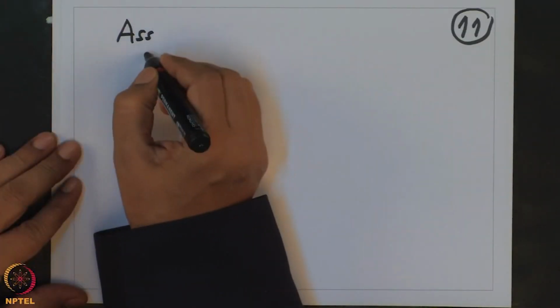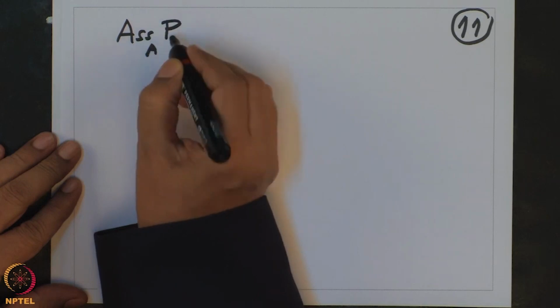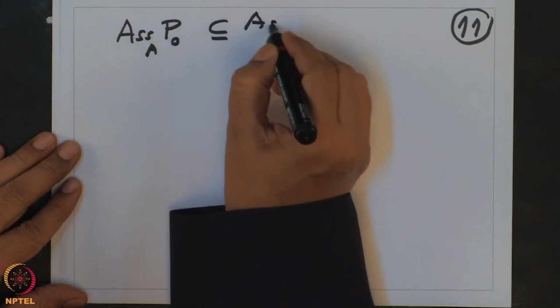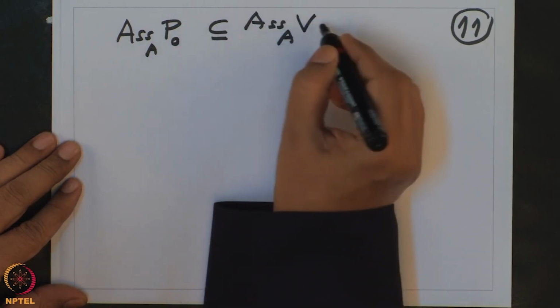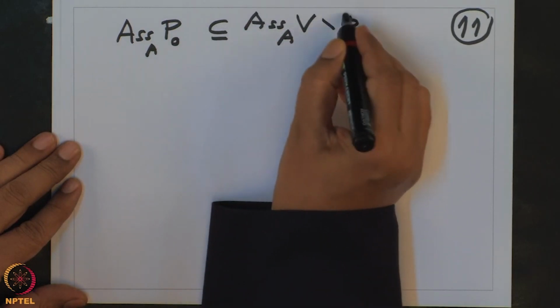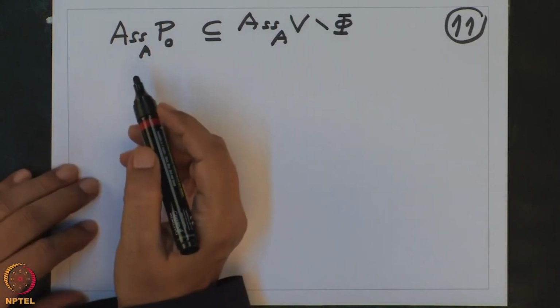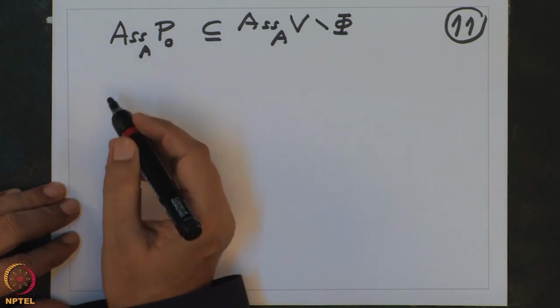So therefore what we need to check is the following. We have checked that the associated prime ideals of this union P naught is contained in the associated prime ideals of V minus phi. This is what we have checked. So now we pick up a maximal element there.